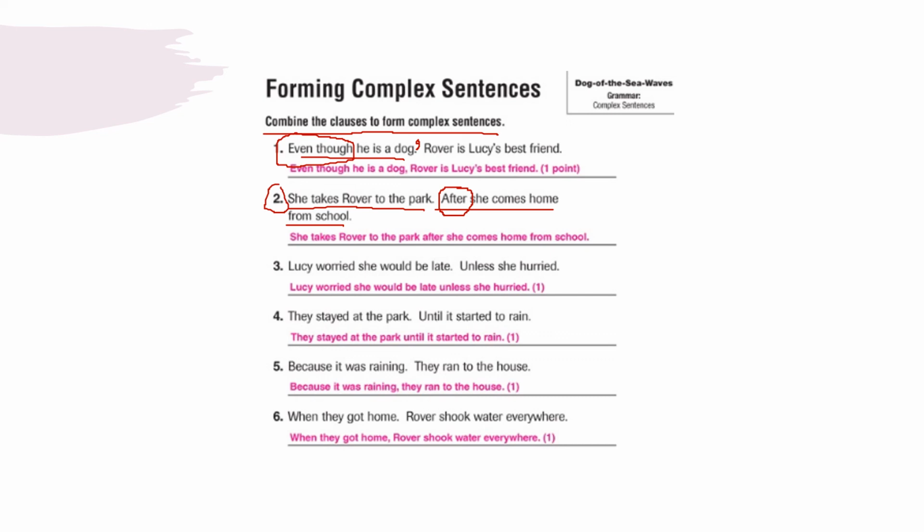Because the subordinating conjunction is not at the beginning of the sentence. So when we combine the two clauses together we write, she takes Rover to the park after she comes home from school, without any need for a comma. Okay, is it clear why we didn't put a comma here again? Because the subordinating conjunction and the dependent clause are not at the beginning of the sentence. In this case, no need for the comma. And like this, we finished our lesson.